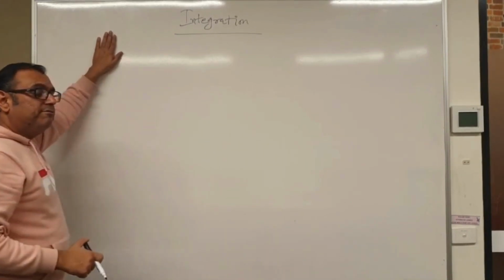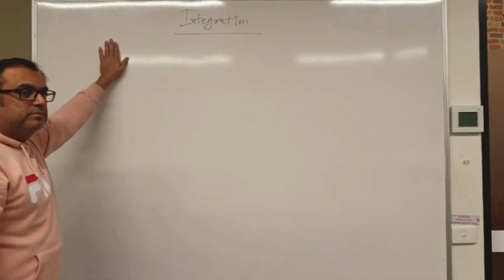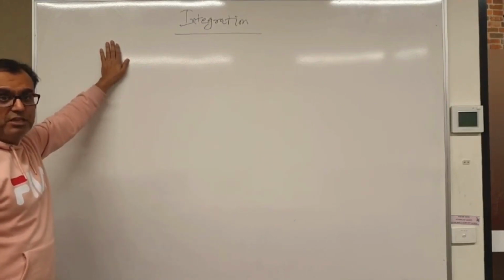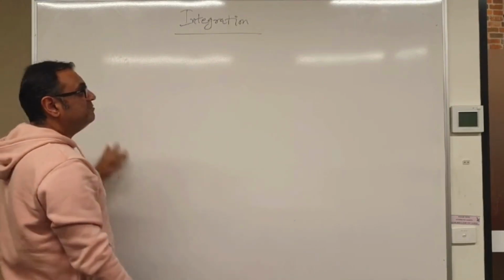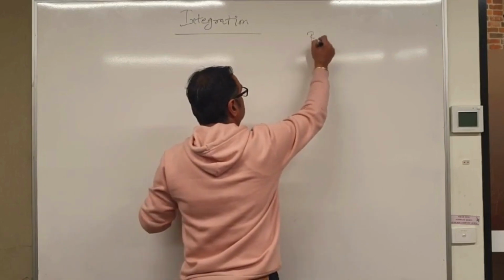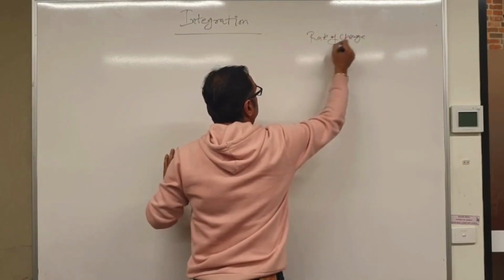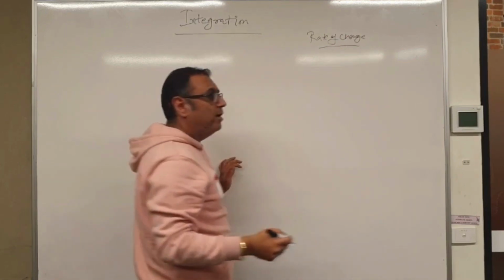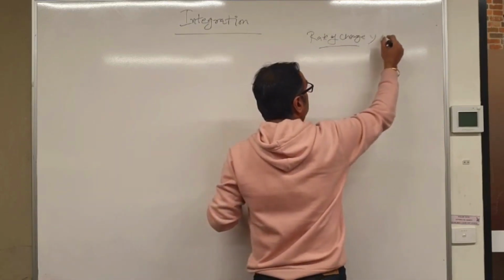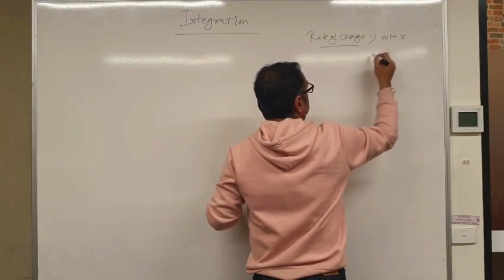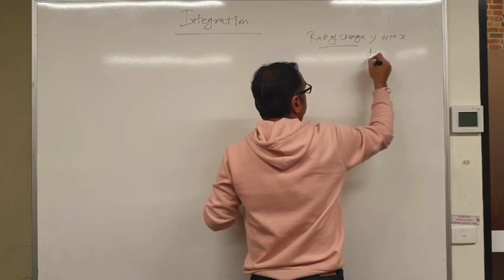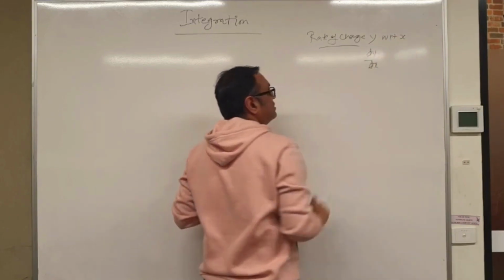The world of differential calculus, or differentiation, helped us find rate of change. Rate of change of y with respect to x, and we used to call it dy by dx.